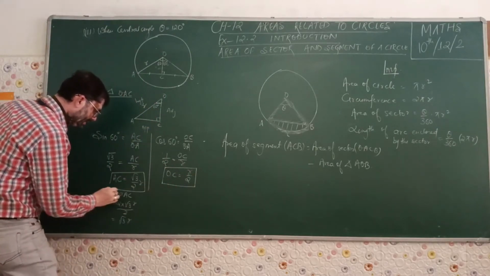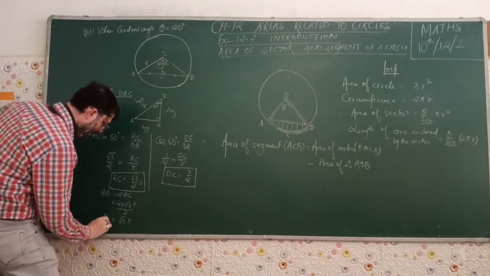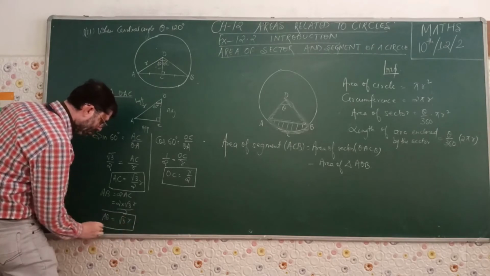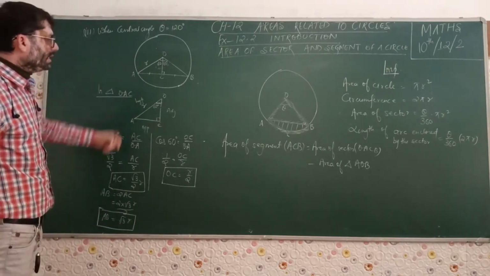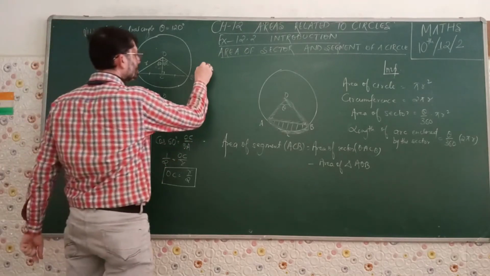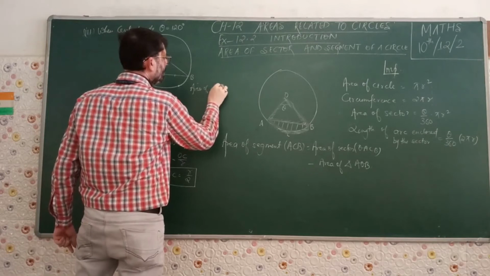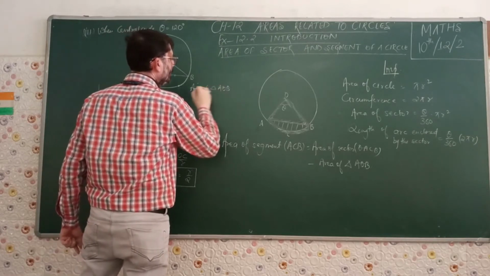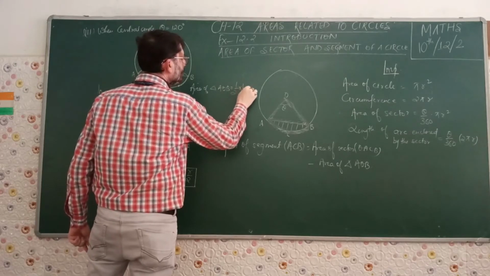We got AC is equal to root 3 by 2R, and we have also calculated AB is equal to root 3R. Now we will move on to find the area of triangle AOB. Area of triangle AOB is equal to half into base into height.